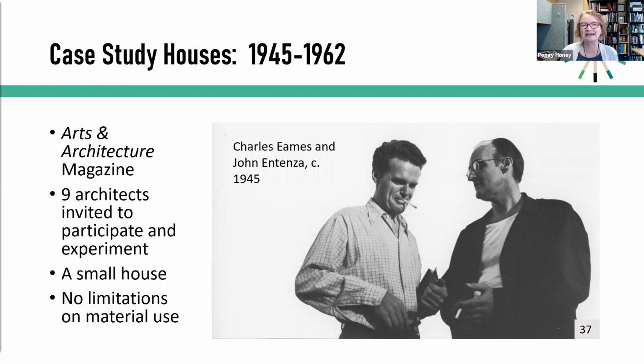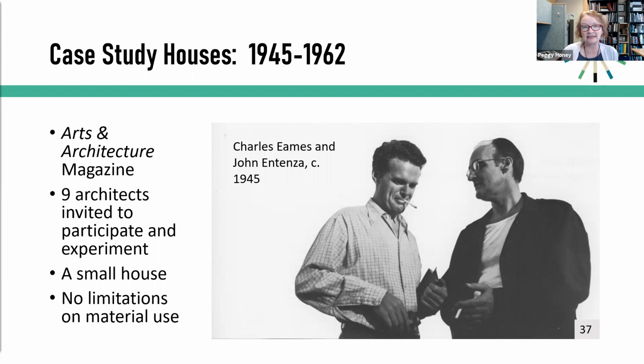He actually bought 5 acres of land in the Pacific Palisades overlooking the ocean, and they built the houses on that site. This went on, and there were other houses built in other sites as well, but in that initial group of architects were a young Charles Eames that you see here on the left, and his collaborator Eero Saarinen.